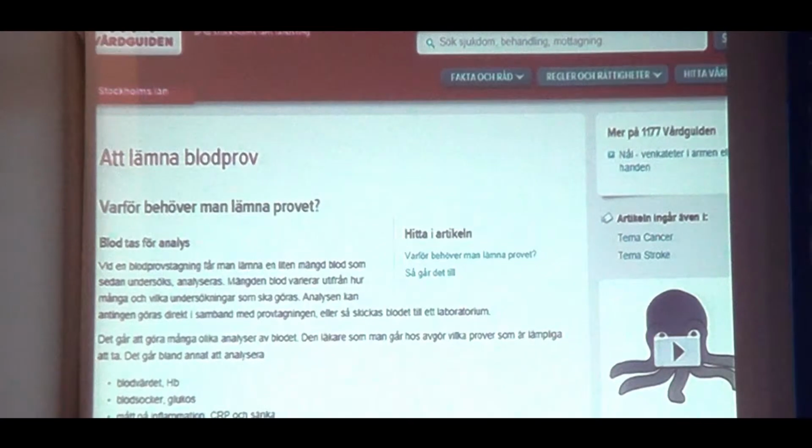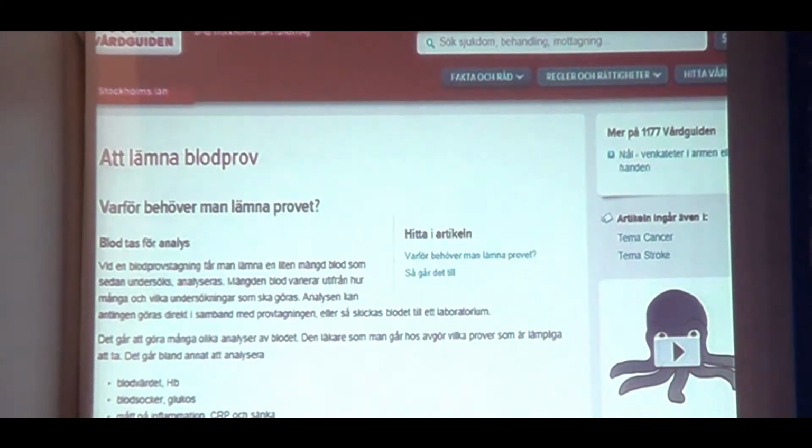So here you can see a screenshot of a medical website called 1177.se. This website is owned by the healthcare sector in Sweden, and it contains information on healthcare services, on diseases, and also gives self-help advice.